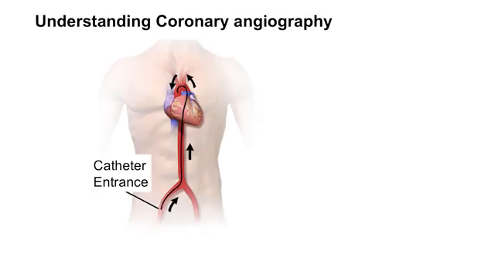How do we do this? We first have to find access into the arterial blood system, which is mostly either from the groin through the femoral artery or from the radial artery.